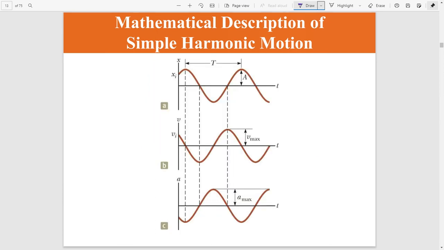So here we're basically showing you the same mass spring system with its respective position versus time graphs, velocity versus time, and acceleration versus time.